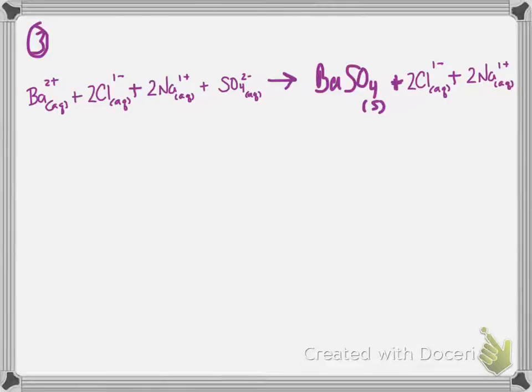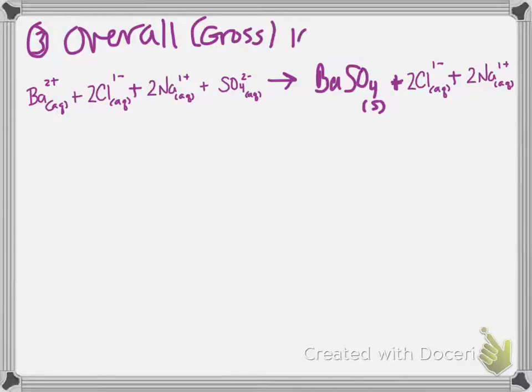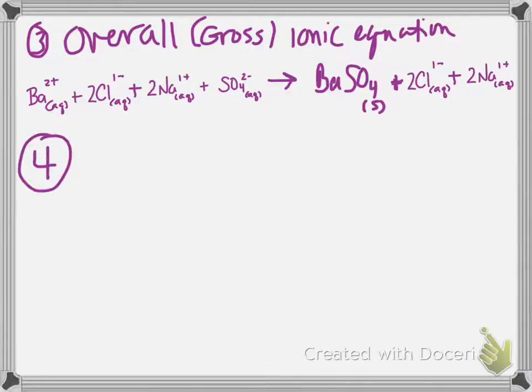Okay, so we've got our overall, or gross, ionic equation. Step 4, cancel out those spectators.